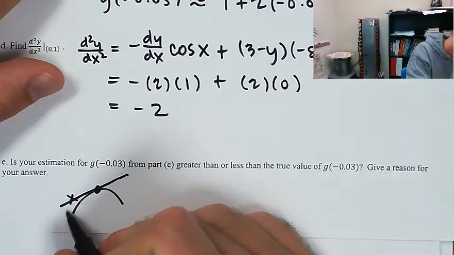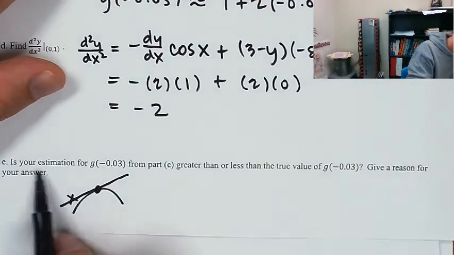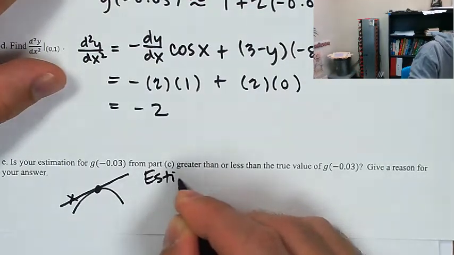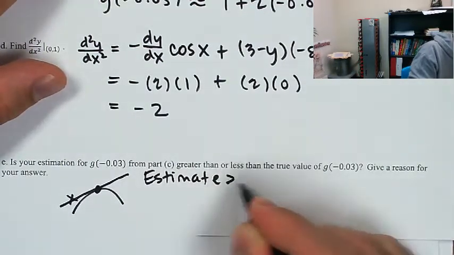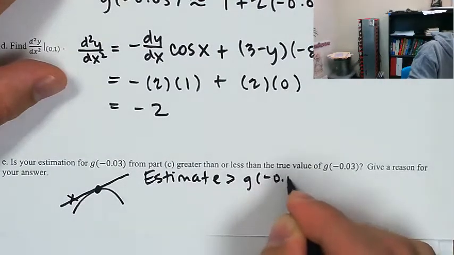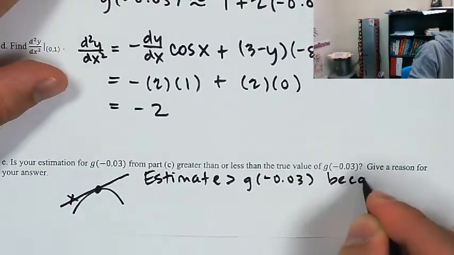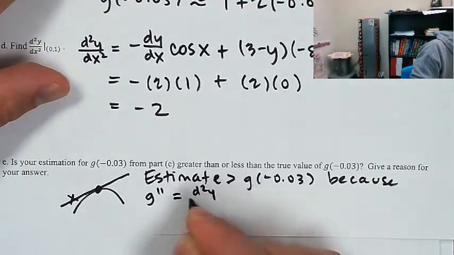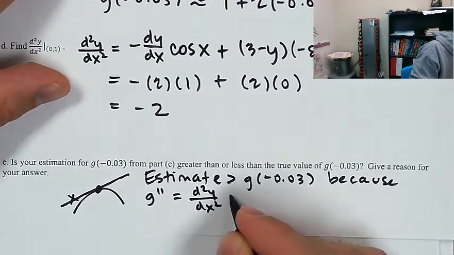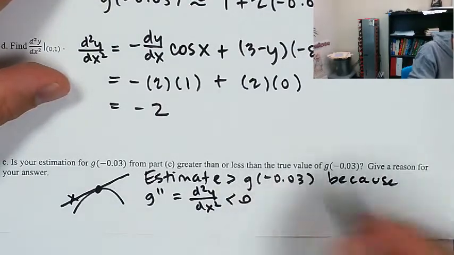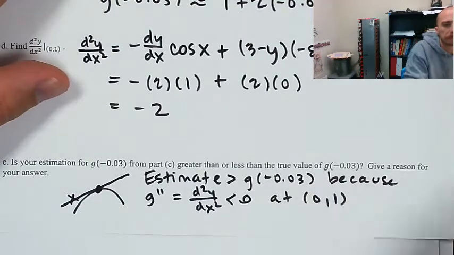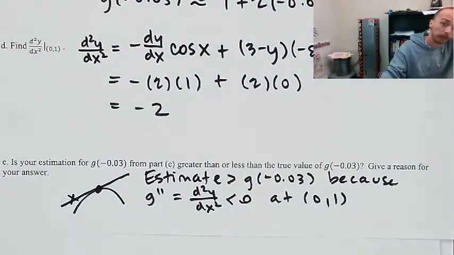The value on the line is greater than the value on the curve, so the estimation is greater than the true value. Okay, so at the point (0, 1), the second derivative is negative. That's why I'm concluding what I'm concluding.